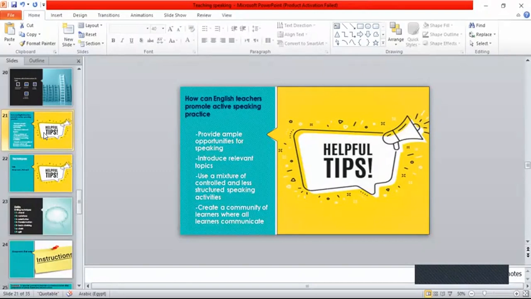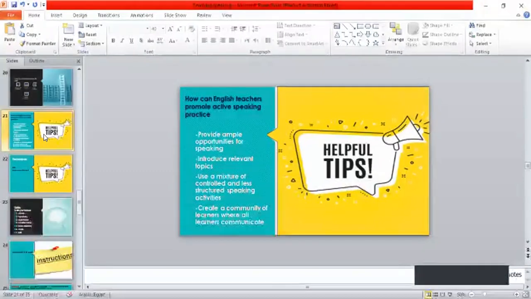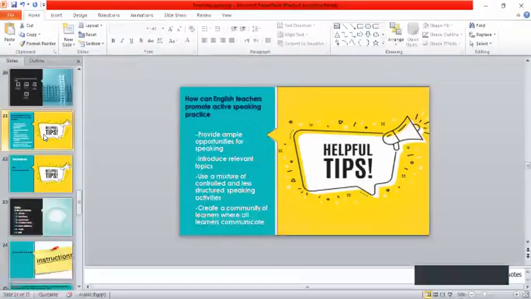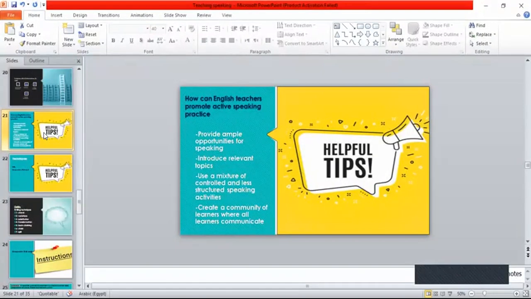Create a community of learners where all learners communicate. Now I think most of us have a WhatsApp group with our learners. I think it's a good idea to give them something to speak about and they can record. And I think, Teresa, you did something like that before. Give them a chance to record and send the record to you on the WhatsApp group.